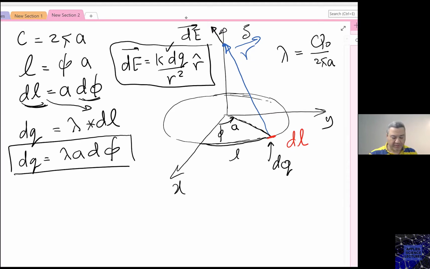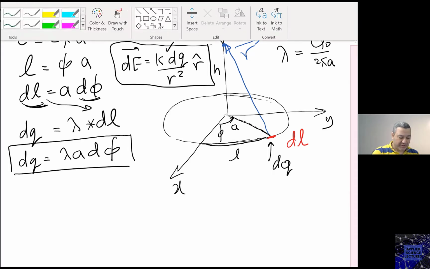I found dq. Now I need to represent my vector r. This is my vector r. If you look at this vector r, and by the way, this point is h on the z-axis. The height is h. So if I am to write the vector r in terms of the two vectors that I can see here, let me use different colors.